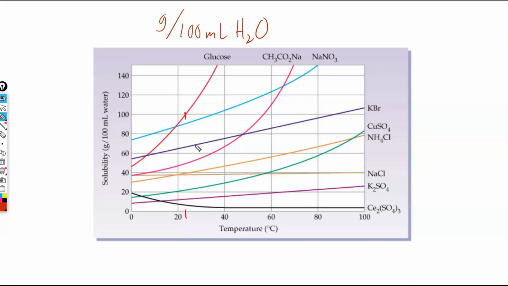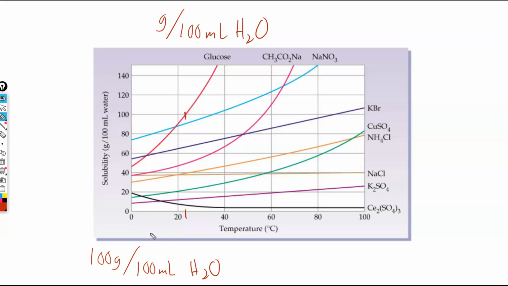That means at room temperature, the most amount of glucose that we can dissolve before it becomes supersaturated is 100 grams in 100 milliliters of water. Okay. Now our water level can change, obviously, but we can use that ratio to see how much glucose can dissolve at most.